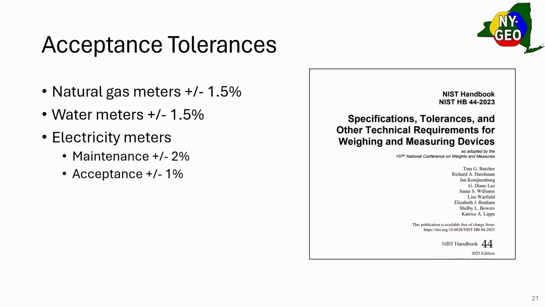If we look into other industries, there are some concerns about the accuracy of these BTU meters. For other commodities, natural gas, water, electricity, it's around plus or minus 1.5%, per NIST Handbook 44. So we're not too far off in terms of these BTU meters being accurate.